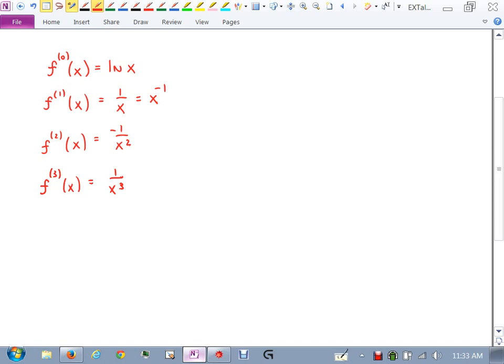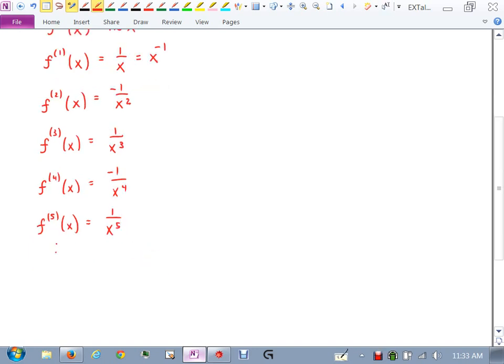And then the next one will be negative 1 over x to the 4th. This just keeps happening. It's alternating sign, and every single time it's getting 1 power larger. I'll do one more: positive 1 over x to the 5th.